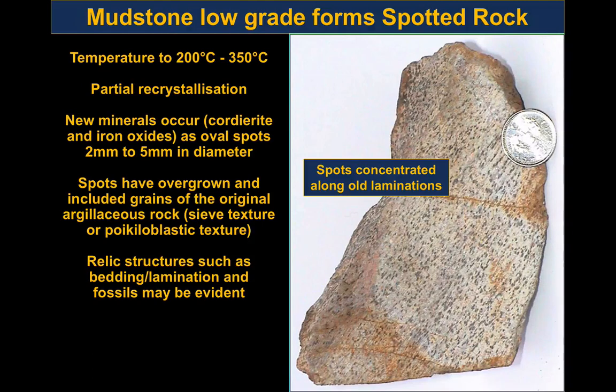In this case, these spots of new minerals are actually concentrated along old laminations, which could be slightly confusing to make you think it might be a foliation. You always need to look at the context of this rock. Where does it actually come from?